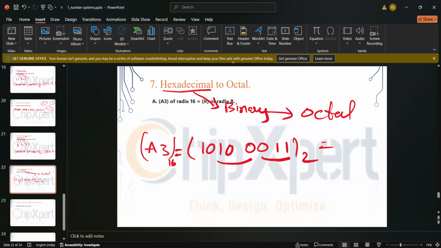If I club 3 bits, what is the value here? 011 is 3, 100 is 4, and here it is 10, which is 2, and the value is 243 of your octal number. Like this, we are going to convert hexadecimal number to octal number.